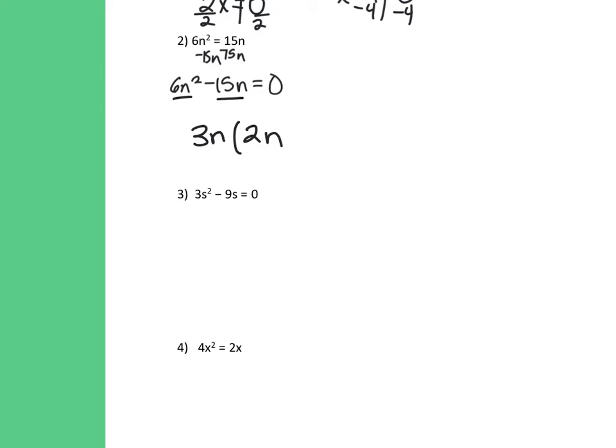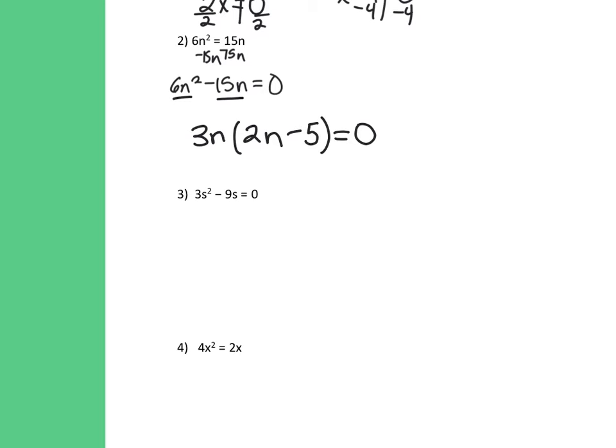Yep. 6 divided by 3 is 2. And n squared divided by n is just 1n, or n to the first. Okay? Keep our subtraction sign. 15 divided by 3 is? -5. Yep. And then n divided by n, they cancel out. So these should be our 2 factors.